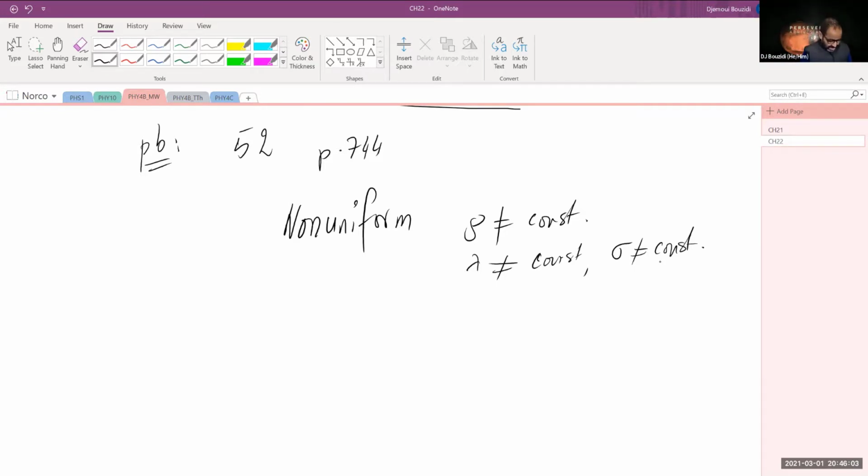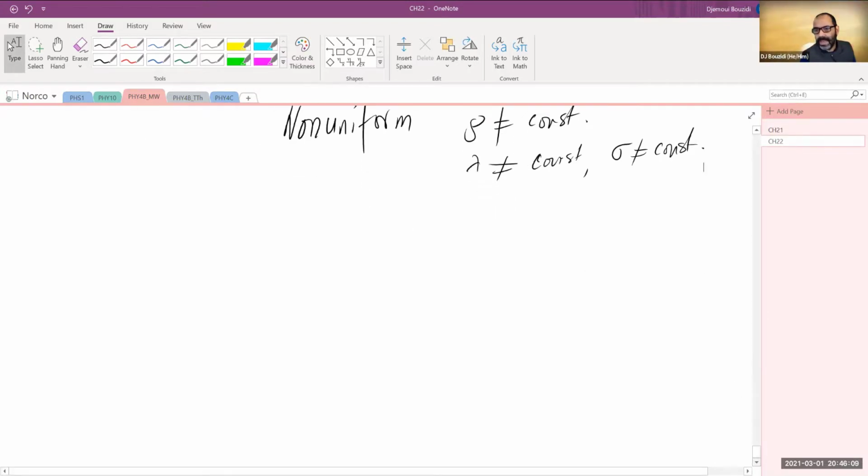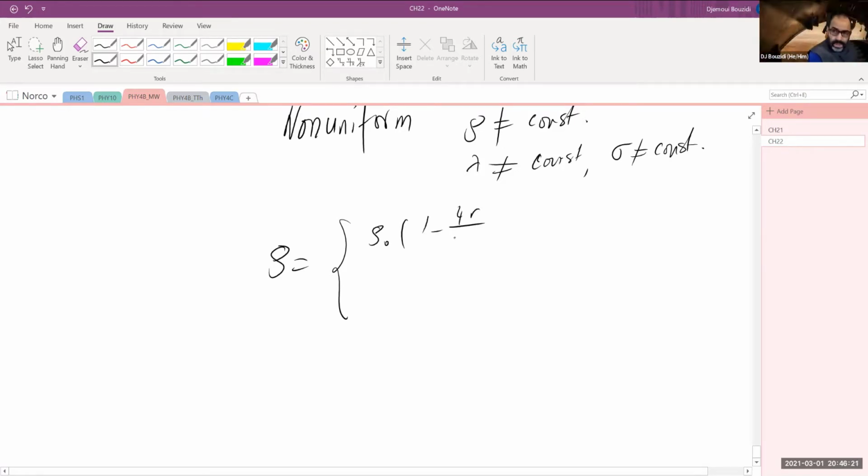We have spherical symmetry. The distribution of charge has a density, and they gave us its value on the sphere. They tell us that rho is given by this function: rho naught times (1 minus 4r over 3R), when r is less than or equal to big R, okay?